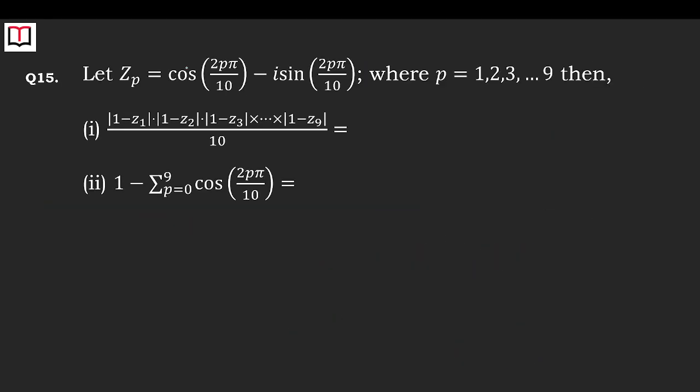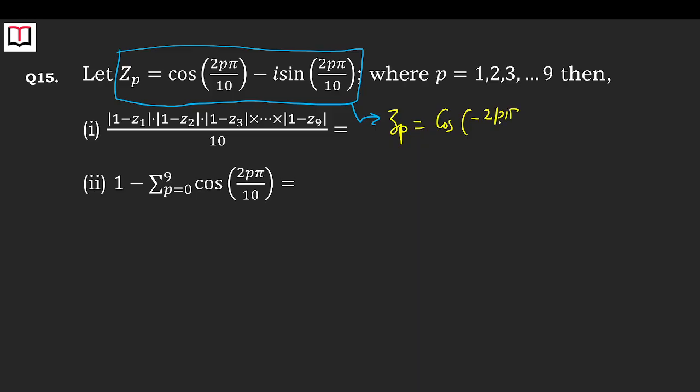And the last one. I just selected it for one reason, and the reason is if I take the minus sign outside, so ZP is nothing but cos of minus 2p pi by 10 plus iota sine minus 2p pi by 10.